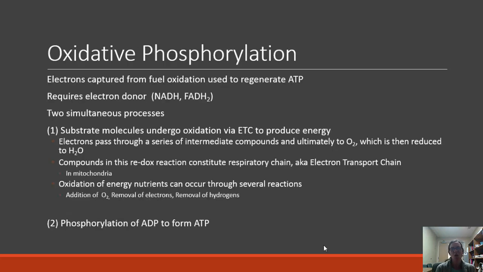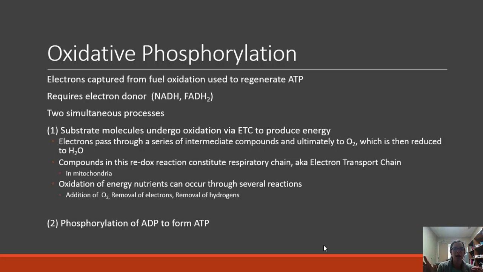All right, so we've come to oxidative phosphorylation. We saw in our glycolysis and then TCA cycle that we had dehydrogenase enzymes, and the dehydrogenase enzymes transferred hydrogens, which came with an electron, right?